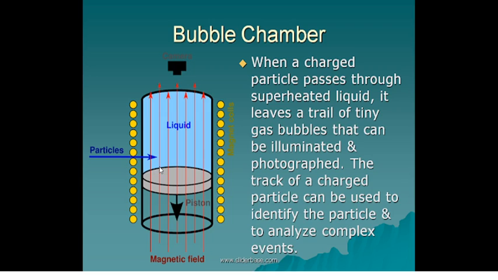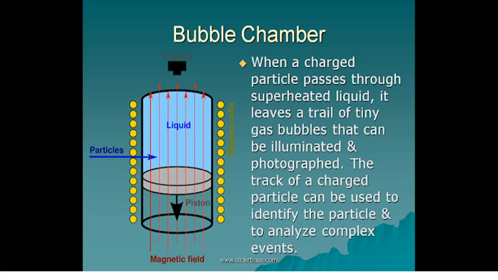Here you can see this is a cylindrical chamber, the piston is given here and the camera is fitted above. The particles can enter through this direction, so that when the piston is moved down, the liquid will be in a superheated state, and when the particles enter, it gets ionized and the liquid will vaporize on these ions. So in a cloud chamber, condensation occurs on the ions.